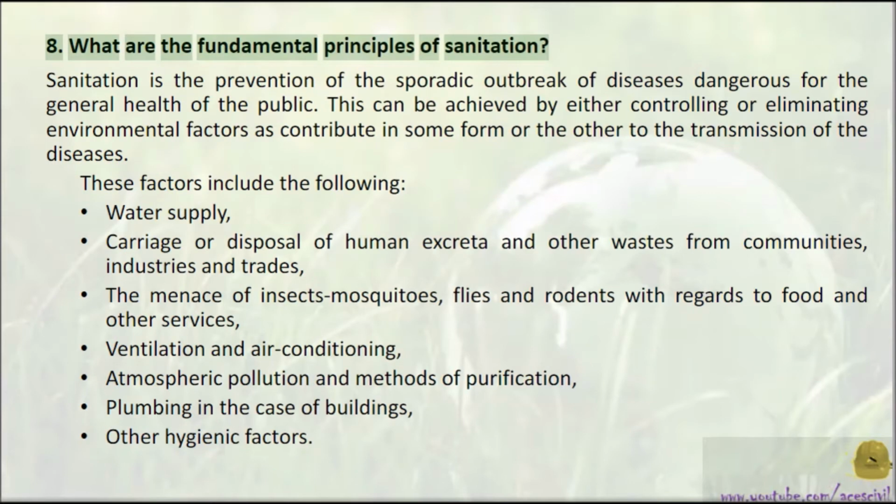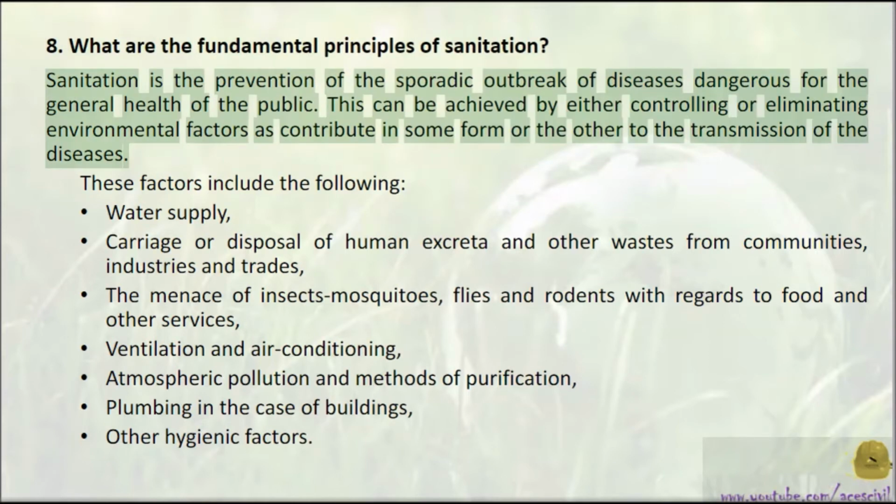8. What are the fundamental principles of sanitation? Sanitation is the prevention of the sporadic outbreak of diseases dangerous for the general health of the public. This can be achieved by controlling or eliminating environmental factors that contribute in some form or other to the transmission of diseases.